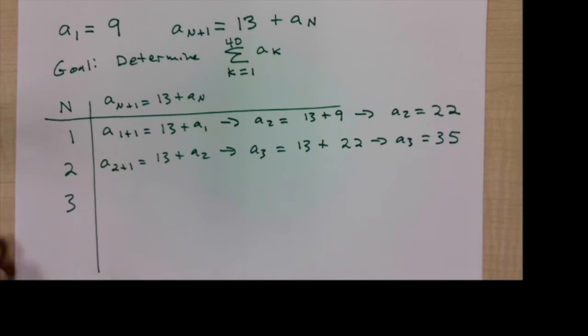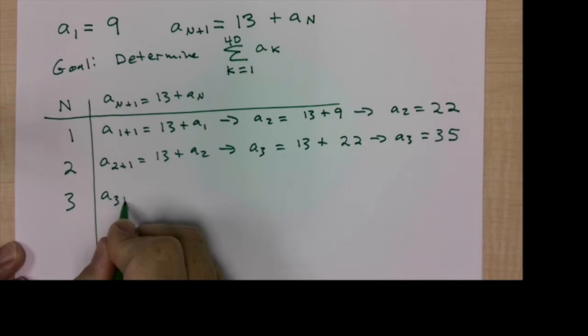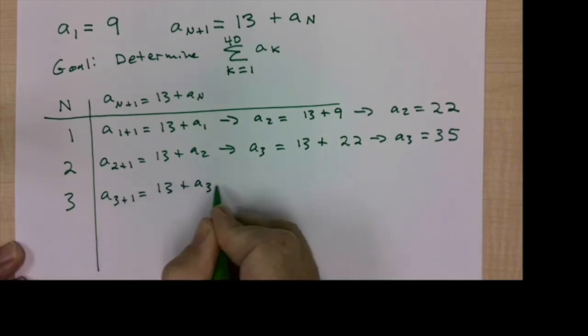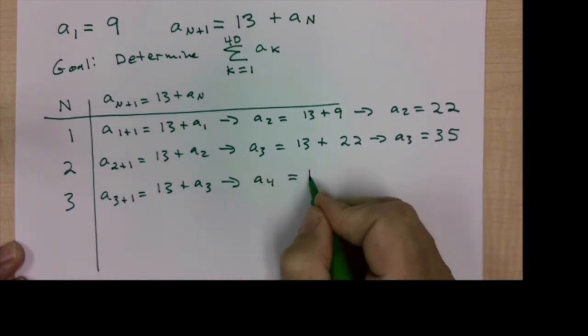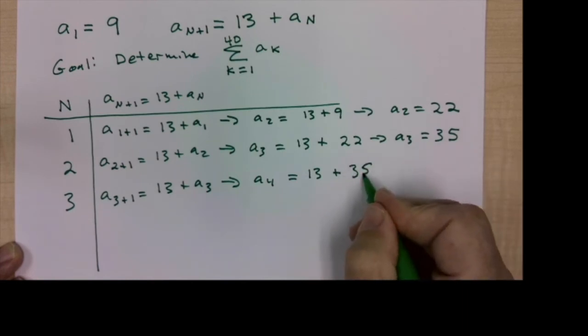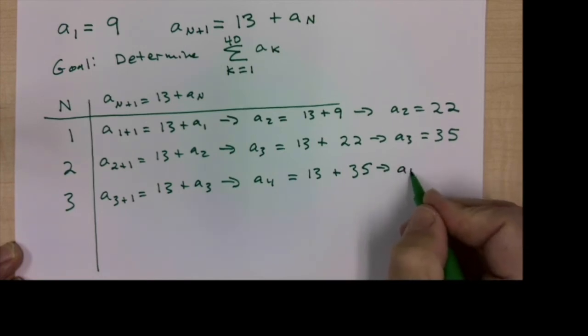Plugging in n of 3, a sub 3 plus 1 is 13 plus a sub 3. A sub 4 is 13 plus 35, which would tell me a sub 4 is 48.